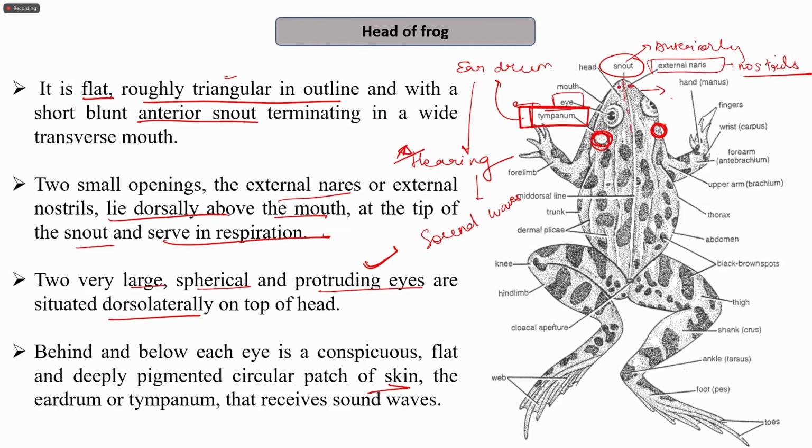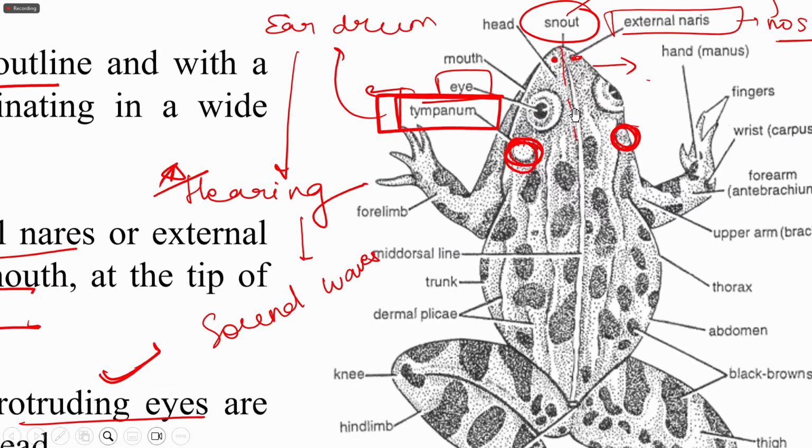So this is the morphology of the head, where the head is snout-shaped and triangular, which opens into a wider mouth. On the dorsal side of the head, we have a pair of external nares, the external nostrils that help in respiration. They have two large protruding eyes that have three eyelids: upper eyelid, middle eyelid, and the lower eyelid, the third eyelid.